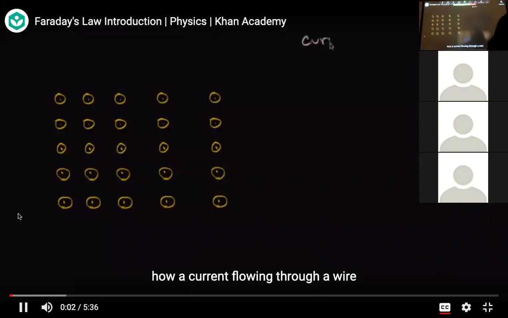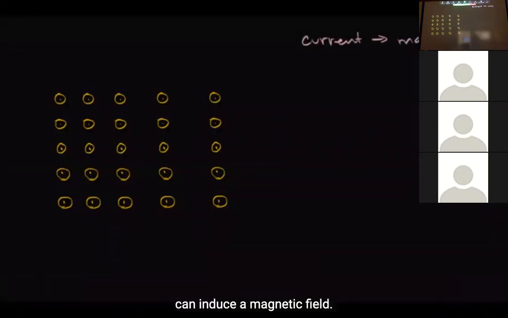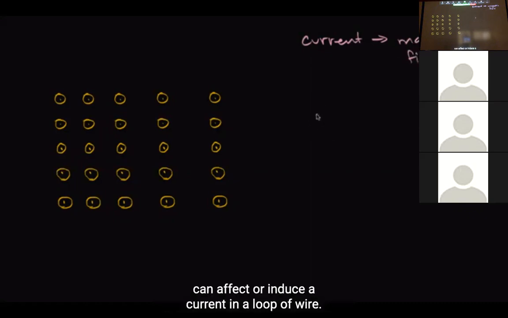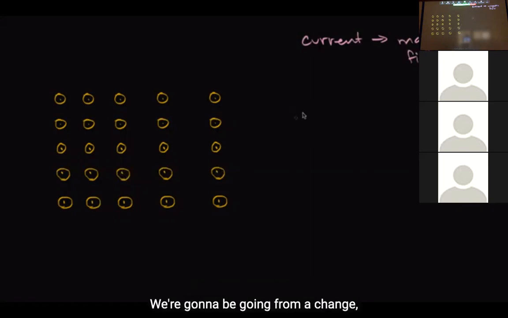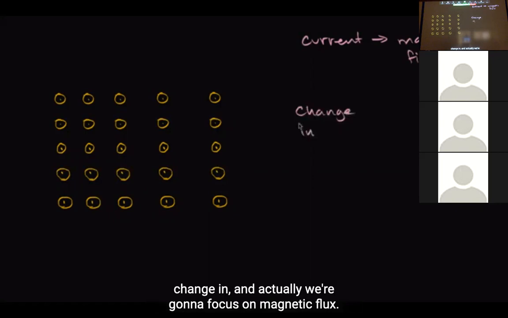We talk about how a current is flowing through a wire and induces a magnetic field. So what we're going to talk about in this video is to go the other way: how a change in a magnetic field can affect or induce a current in a loop of wire. So we're going to be going from a change in, and actually we're going to focus on magnetic flux.